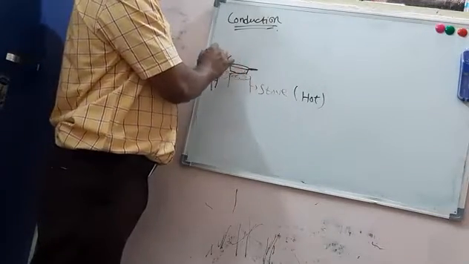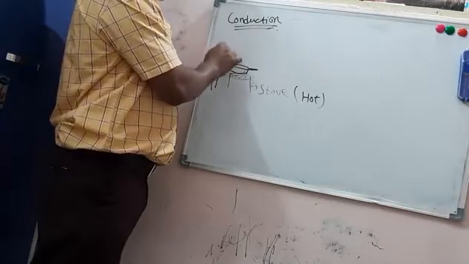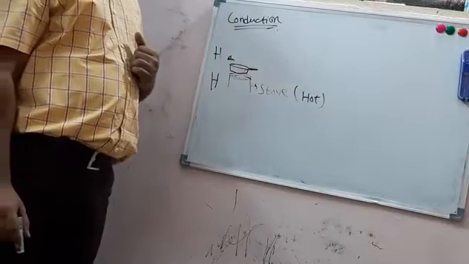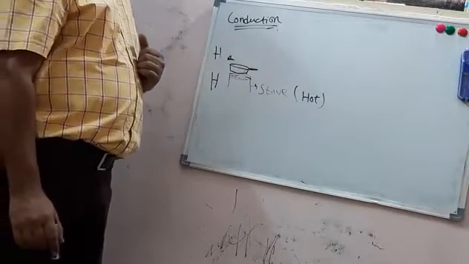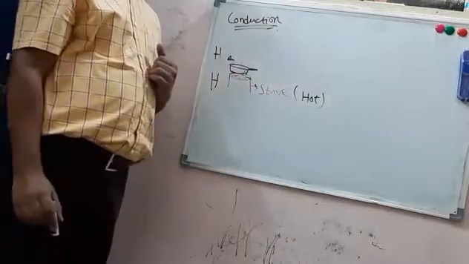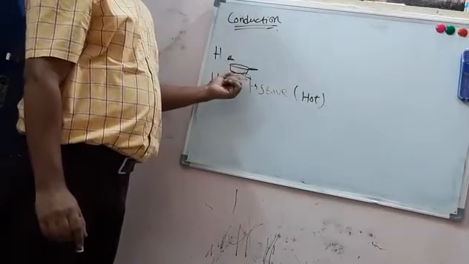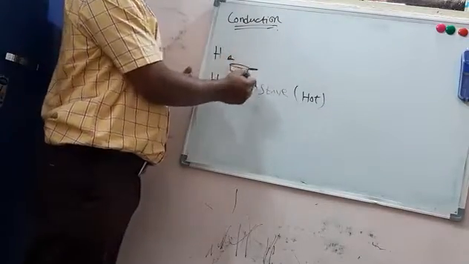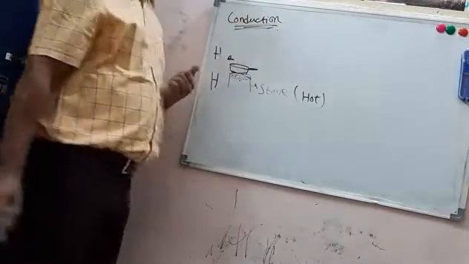In such a way, its temperature also rises to the temperature of the stove. This is how heat conduction takes place: heat is transmitted from a hot object to a cold object via the conduction mechanism.